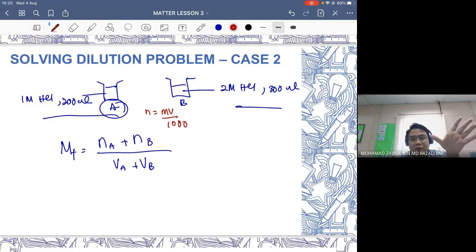Tapi kalau awak dah convert awal-awal, awak tak perlu over 1000 kan lah. So awak boleh guna ni. So awak akan dapat mole A. Awak guna formula yang sama, awak akan dapat mole B. Okay, volume A is 0.2 liter plus volume B is 0.3 liter.